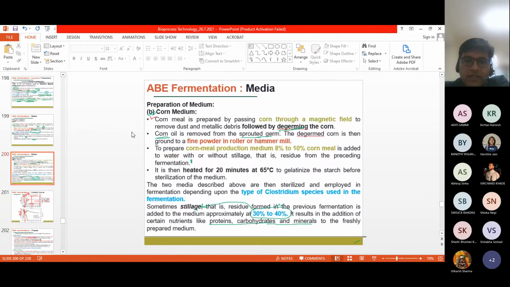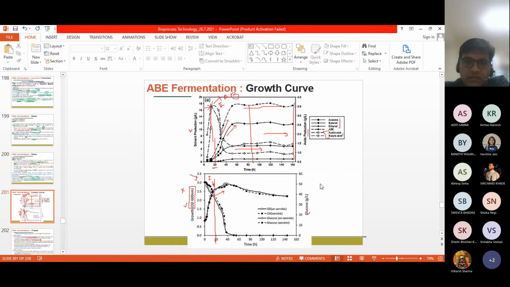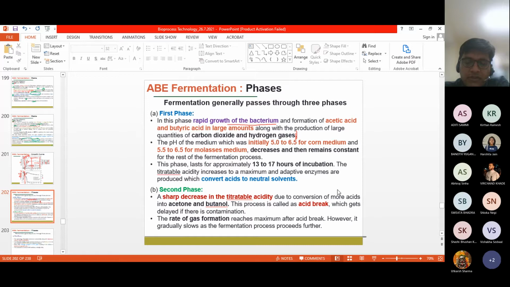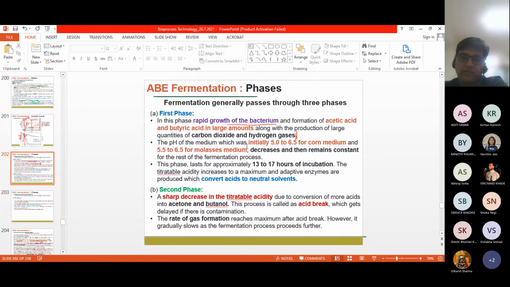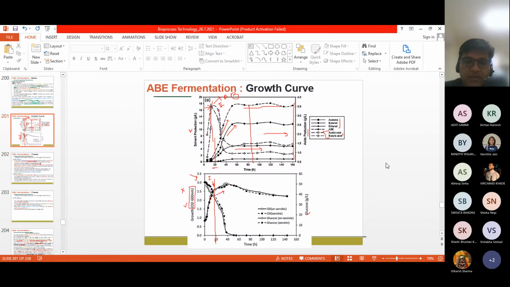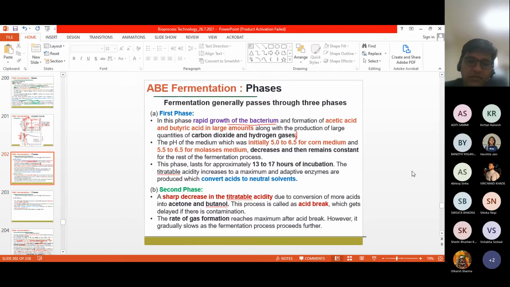Then after that, we looked into the growth curve, and we have seen there are basically three phases of growth. In the first phase, there is a rapid formation of acetic acid and butyric acid, which are the organic acid components. Then in the second phase, the pH almost decreased because these acids were used for the production of solvents.